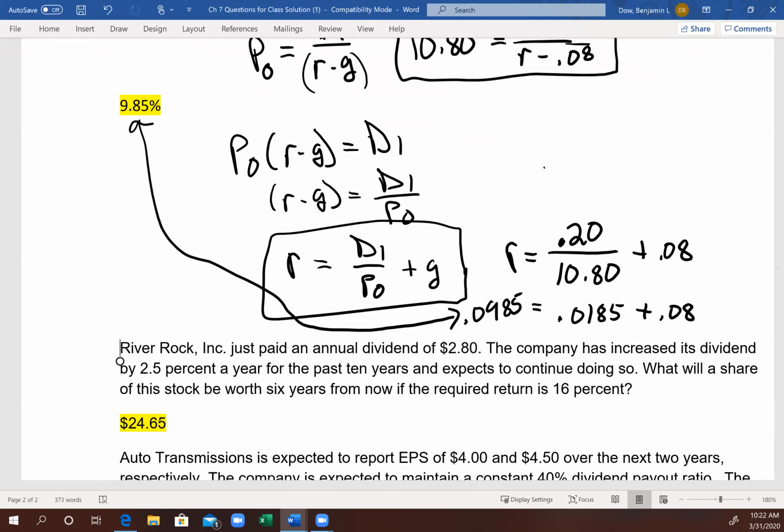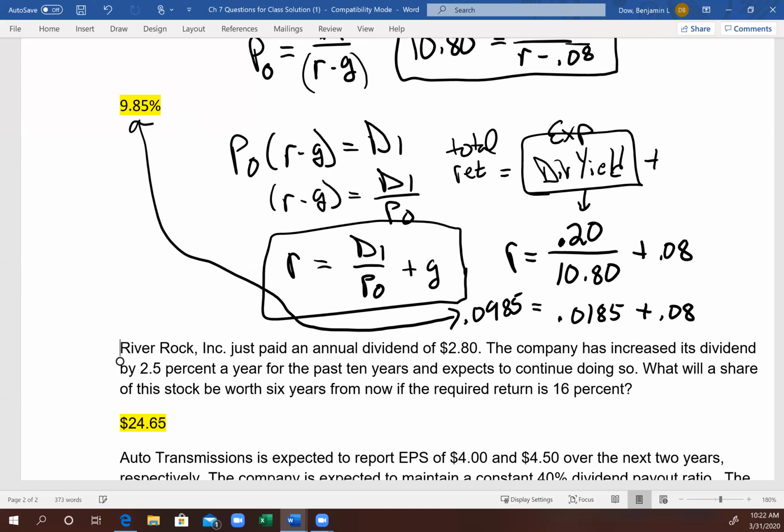Now, what's kind of neat about this is that here's your total return. Your total return is a function of what's known as the dividend yield, or expected dividend yield. And this, under a constant growing perpetuity, is what you expect the capital gain or price appreciation of the stock to do.